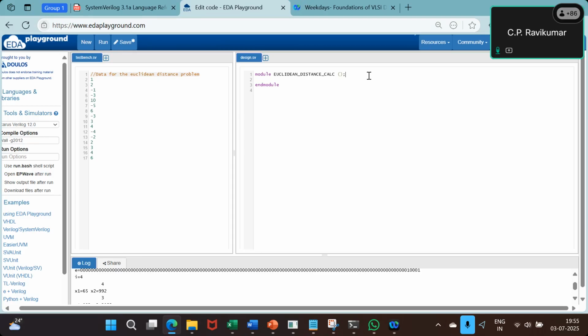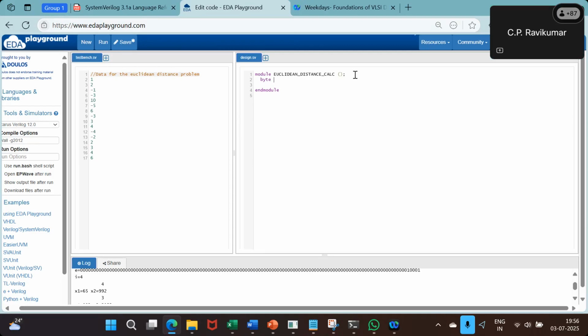So how do we store all of them? Maybe we will have a memory, let us say each of them is 1 byte.